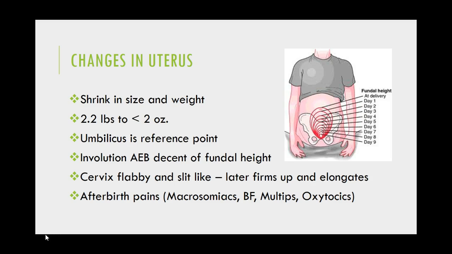The umbilicus is our reference point in relationship to the uterus and where it's located in mom's abdomen. And involution is that descent of fundal height. So that's the shrinkage of the uterus going back down to its normal size.